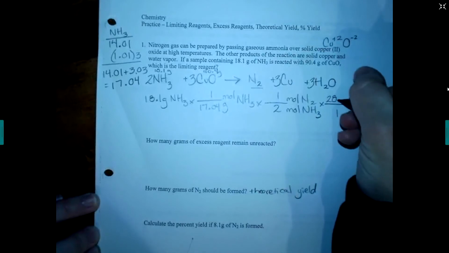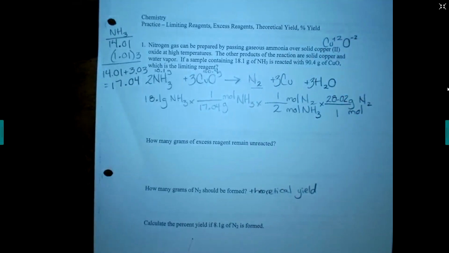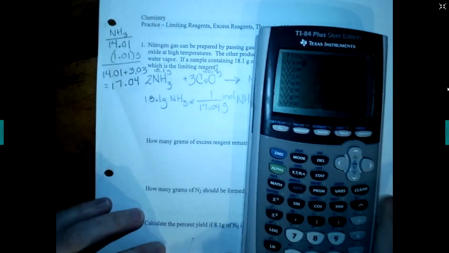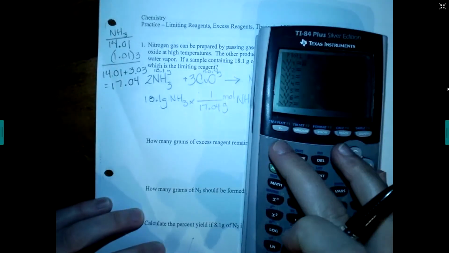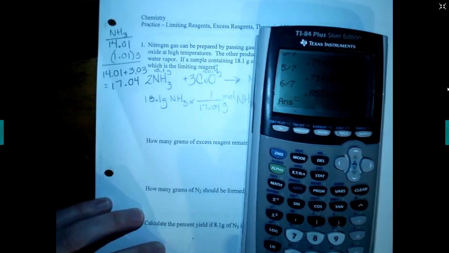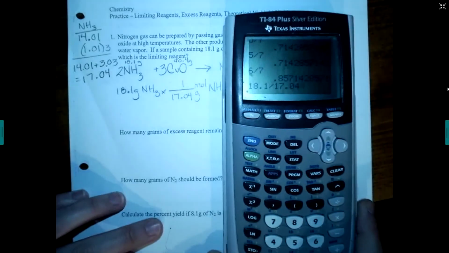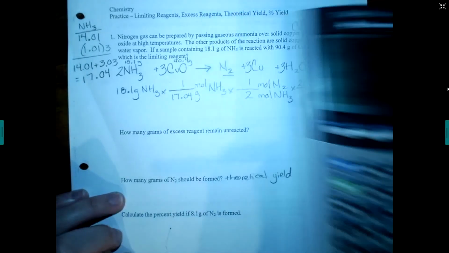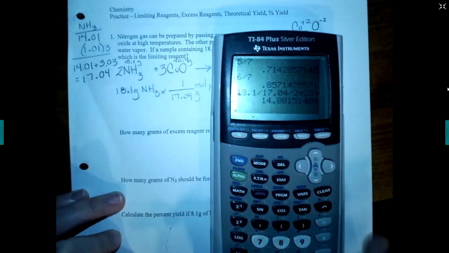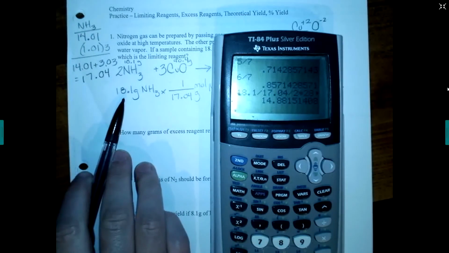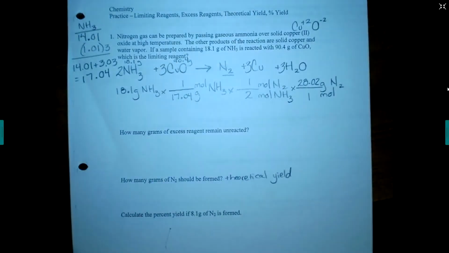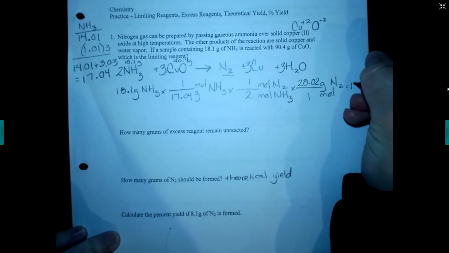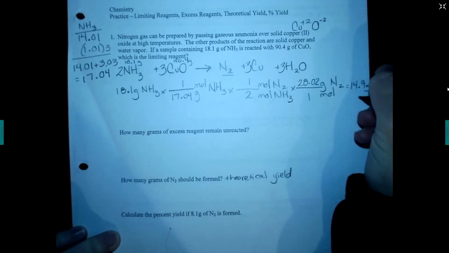So 28.02. And now I can plug all this into my calculator. Divided by 2 times 28.02. All right, and keeping with my original number of significant figures, I'm going to round that to 14.9 grams. And remember, this is 14.9 grams of nitrogen.